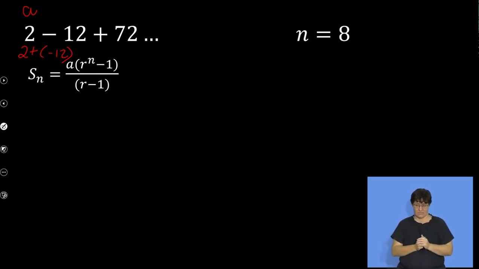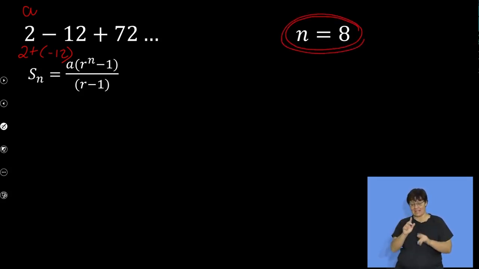So after the negative 12, we can see that 72 has been added. The question is asking me to find the sum of the first 8 terms. So that means for this particular example, n is equal to 8.